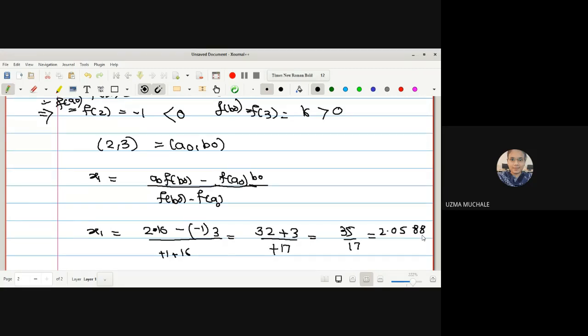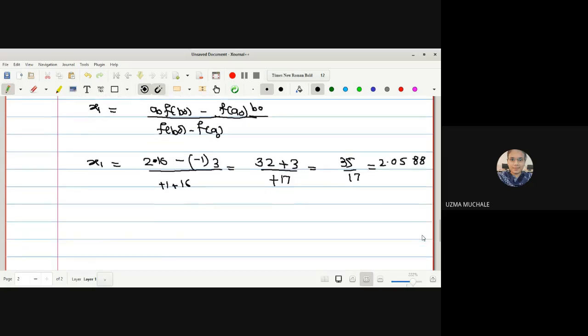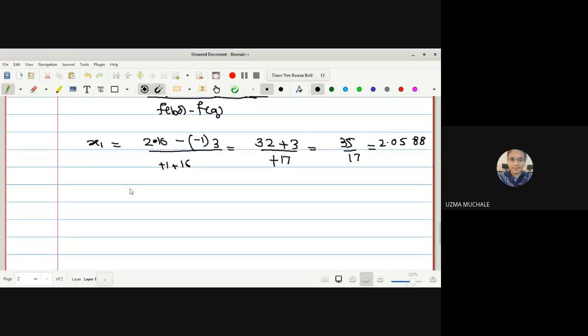I hope you are solving. Okay, what is the next step? Now we have to find out the value of f of x1. Wherever you have x1 in your equation, put the value of x1 as 2.0588. F of x1 we got as minus 0.3907 something.